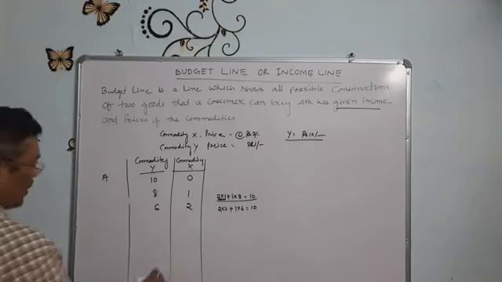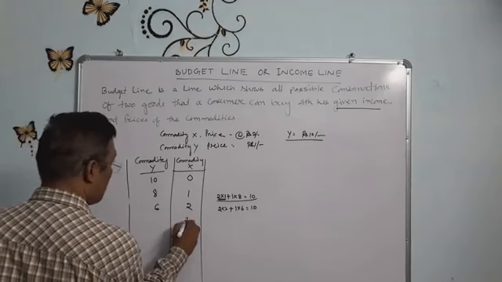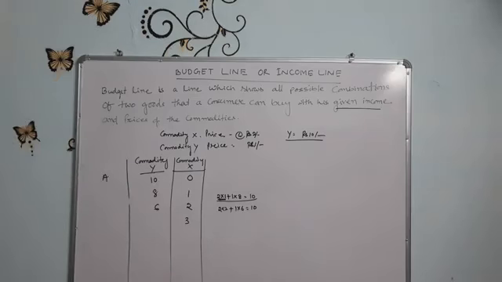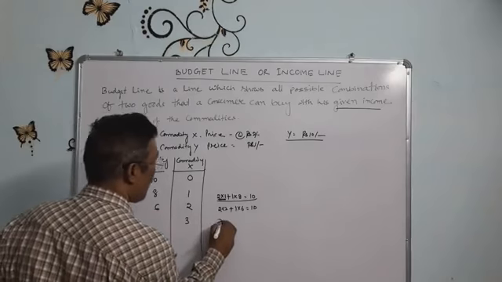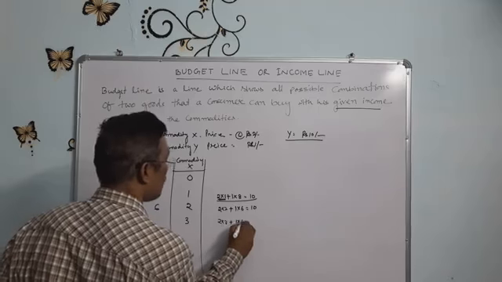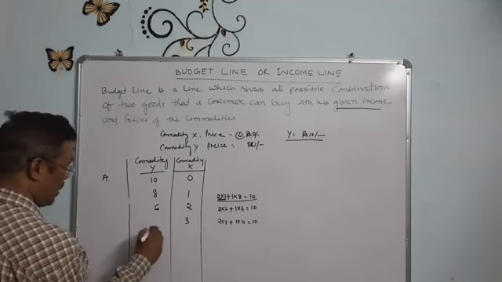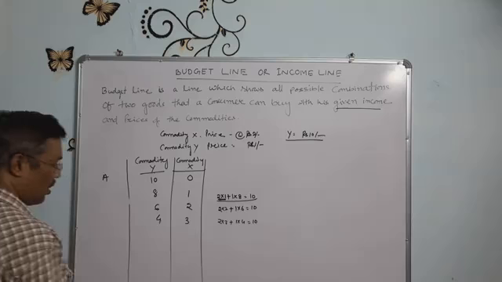And if you purchase 3 units of X, then 2 into 3 equals 6 plus 1 into 4 equals 10. So the units of Y are 4.